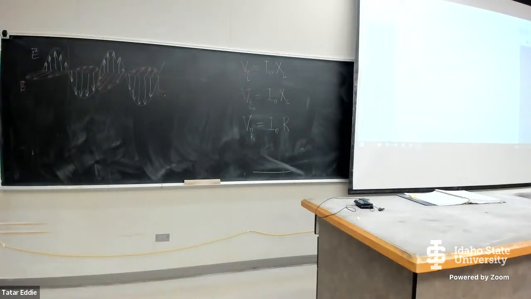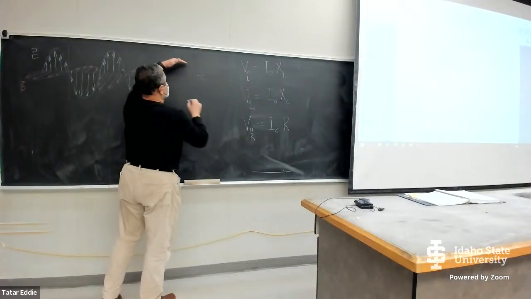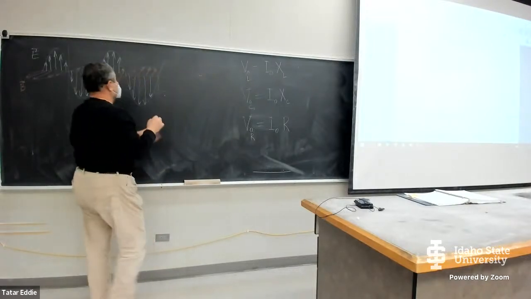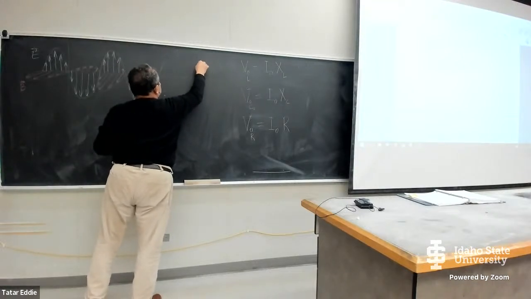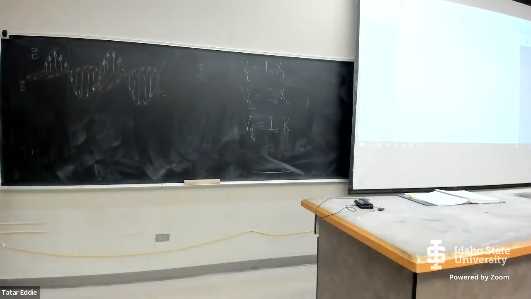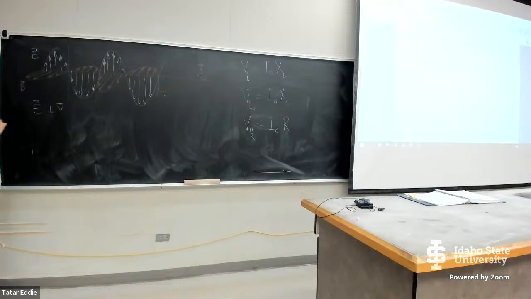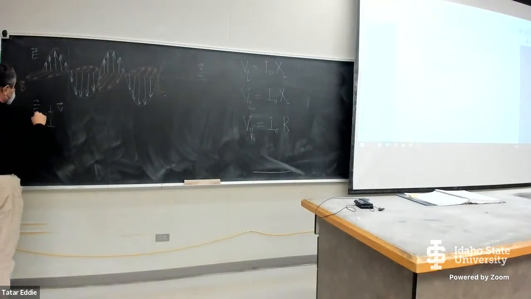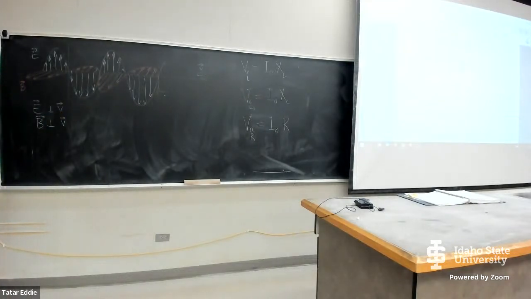the electric field vector is perpendicular to the direction of propagation of the electromagnetic wave. So if this is the direction of c, I used v for the speed of propagation. The electric field vector is perpendicular to the velocity of the electromagnetic wave, and the magnetic field is also perpendicular to the velocity vector.